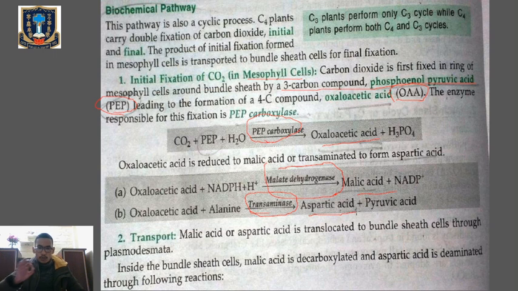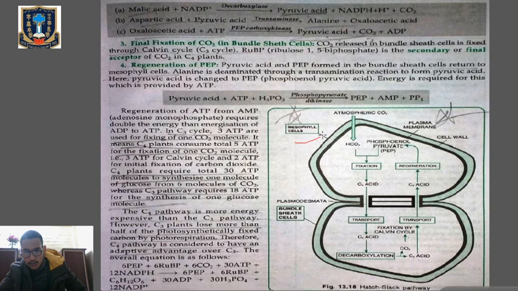Clear? So the second step is transfer. Malic acid or aspartic acid is translocated to the bundle sheath cells through the plasmodesmata, and inside the bundle sheath cells malic acid is decarboxylated and aspartic acid is deaminated. Look over here, this is the mesophyll cells.